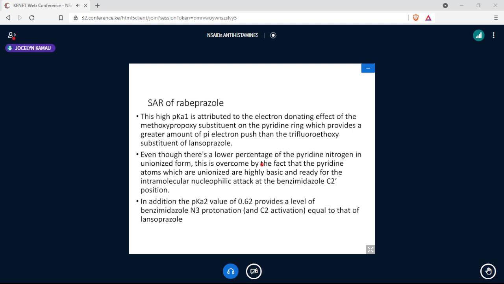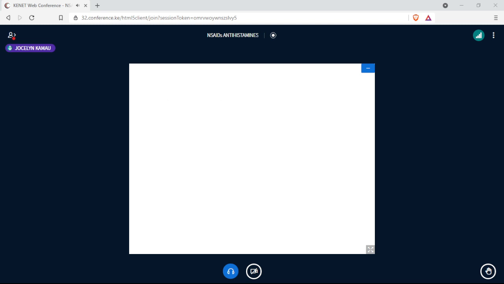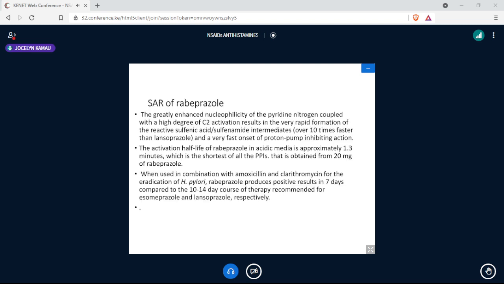Once the benzimidazole is protonated, it will pull away electrons, make the carbon 2 prime more electrophilic, and again allow for the activation. Remember, we require activation of this drug, and without activation, these drugs will not have any activity. So those other slides are just explaining what I have just explained.